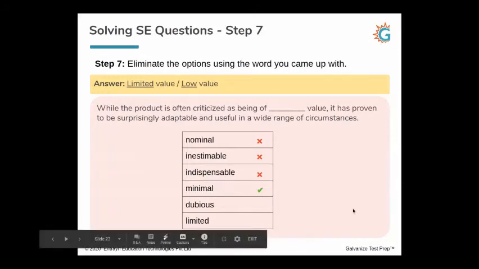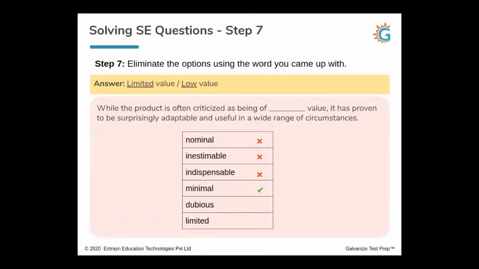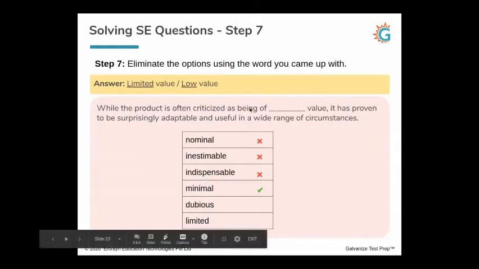Dubious is a word that is used to denote something that is of doubtful origins. If something is not original, if you have a doubt that it is not original, if you have a doubt that it is not reliable, then it's called dubious. In this case, we are talking only about adaptability and its use in many circumstances.